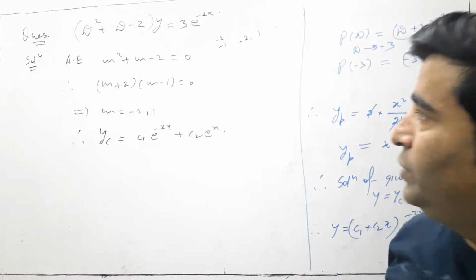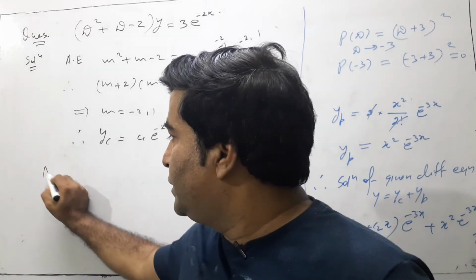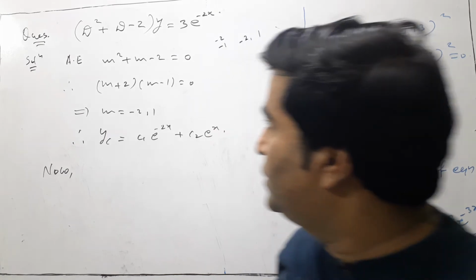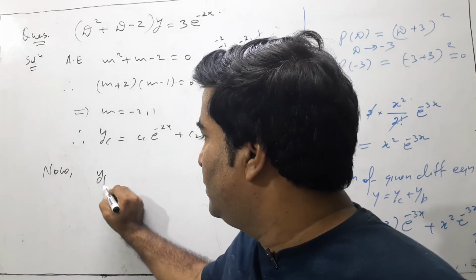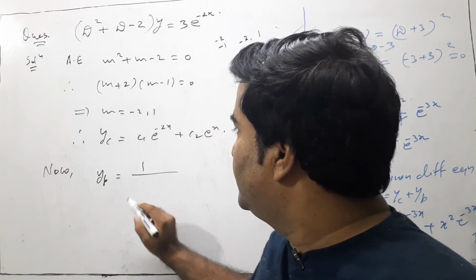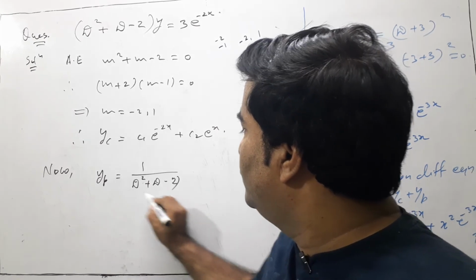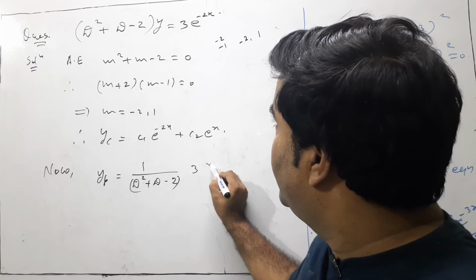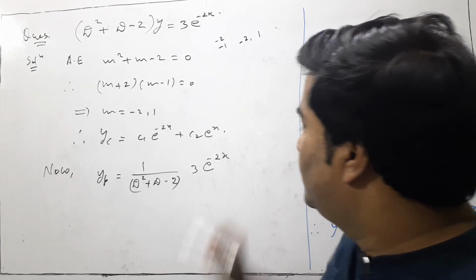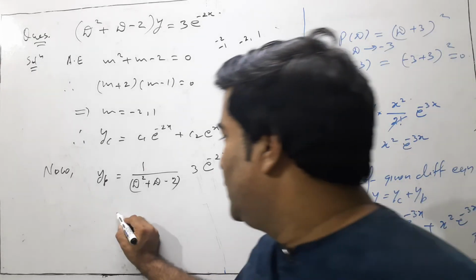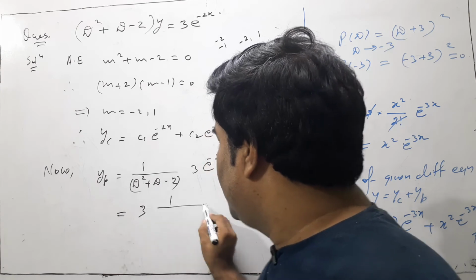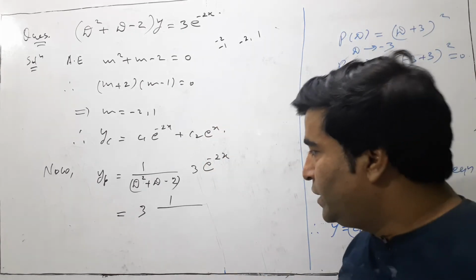And now we find a particular integral of this equation. So the particular integral of this equation is 1/(D^2 + D - 2) 3 e^(-2x). Here 3 is constant, so we can take it outside.